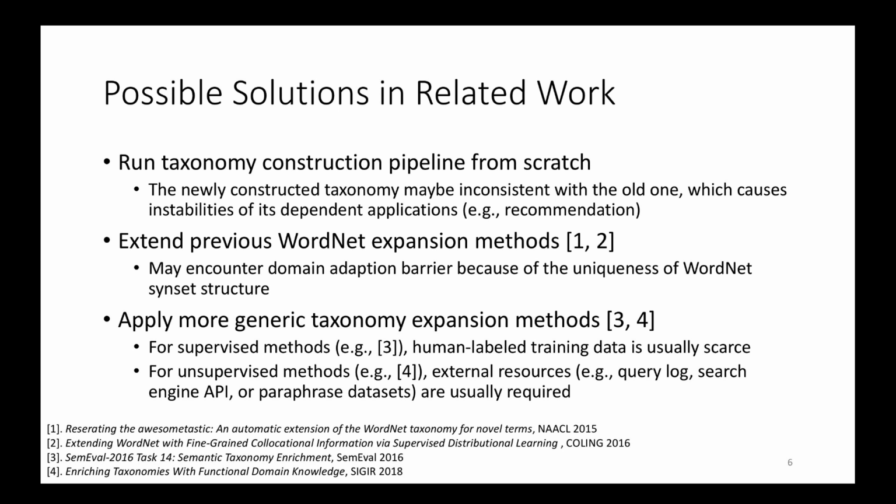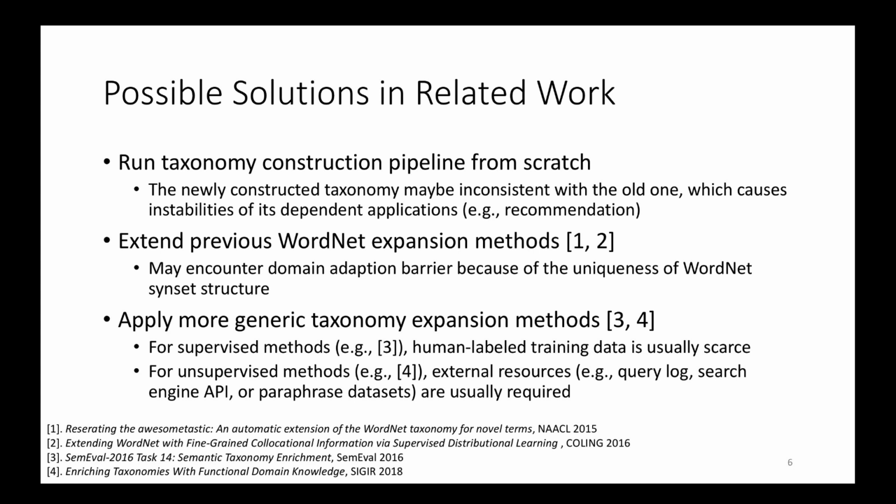Okay. So to tackle the taxonomy expansion problem, there are three general approaches. First, you can combine the concepts in the existing taxonomy with the new concept set, and then just run the taxonomy construction pipeline from scratch.